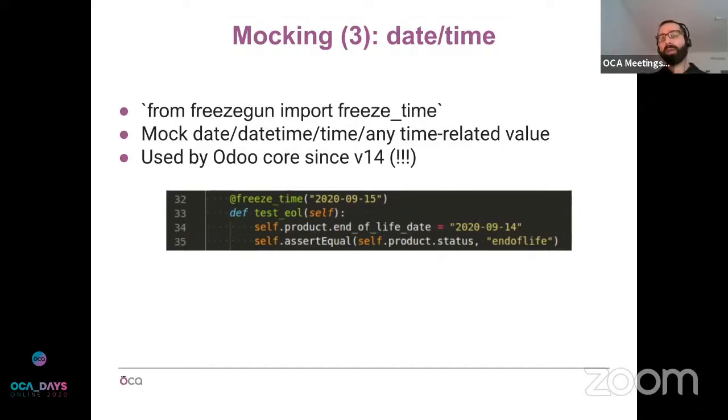So with freeze time, you make sure that whatever time-related function is called during your test, you're actually freezing the time to the time that you want. And by the way, there is good news because in version 14, this has been included in the core of Odoo. Great.